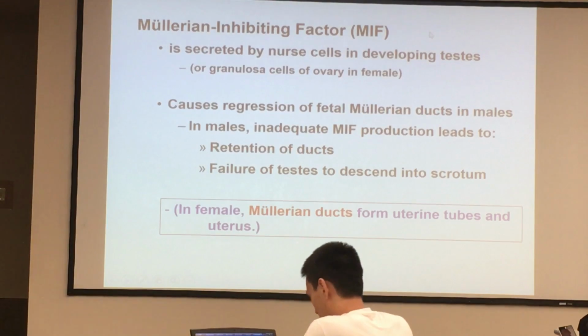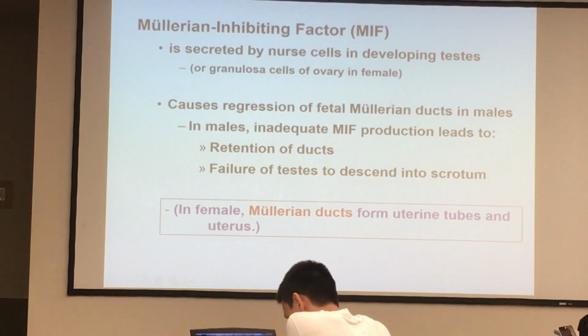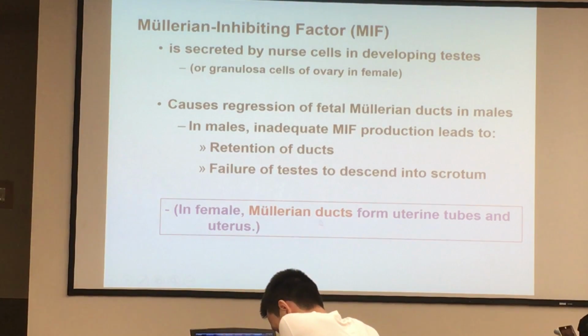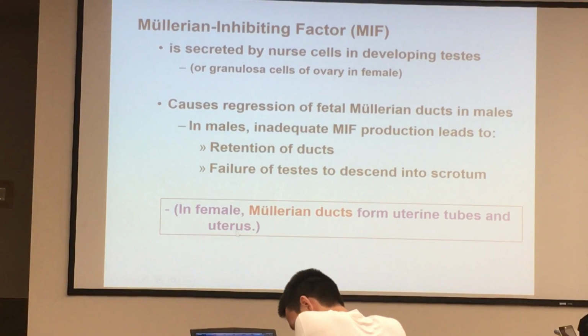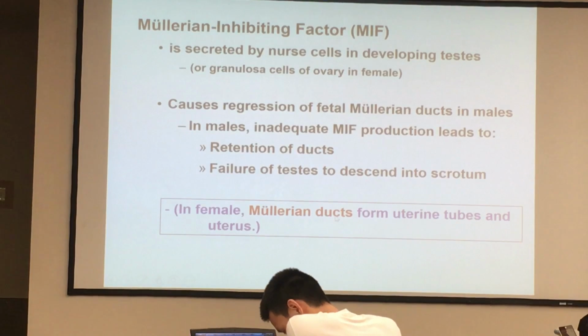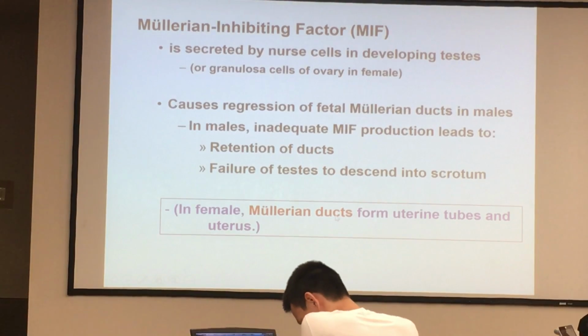Before the MIF, you have to know Mullerian duct. Mullerian duct, you should know, is a female original organ. In the female, it produces uterine tube, or we call fallopian tube, to transport the egg, and uterus holding the fetus. So Mullerian duct is a female organ.